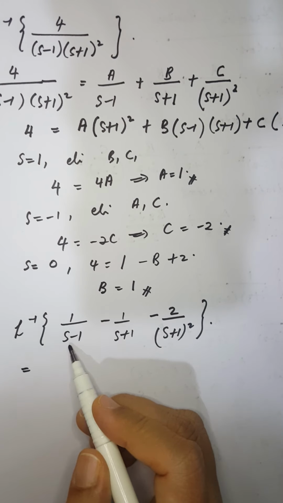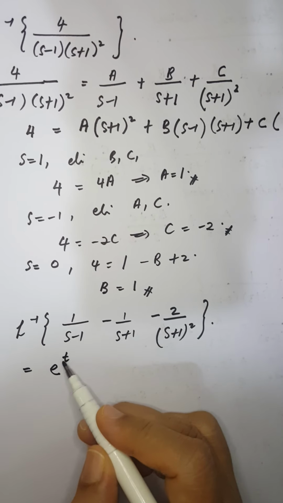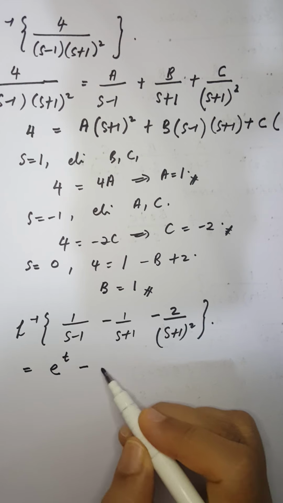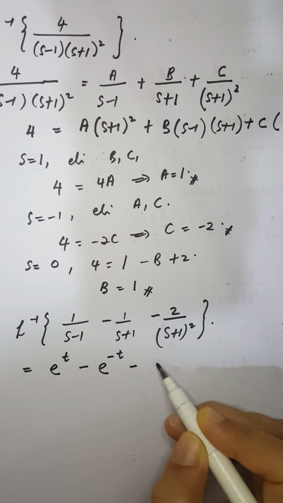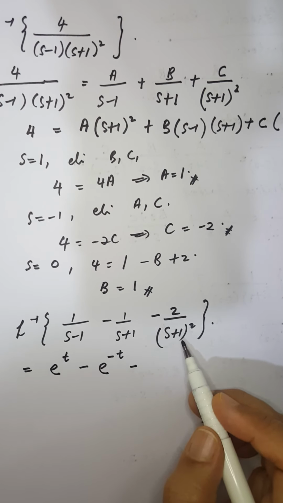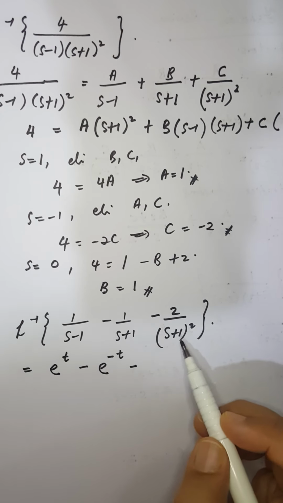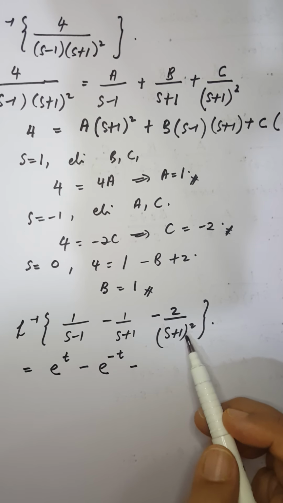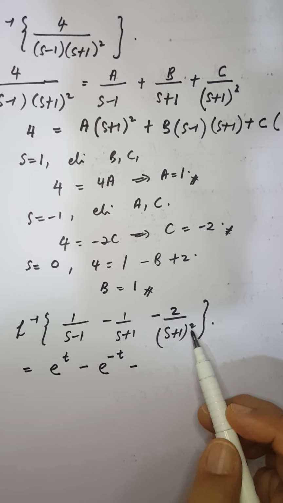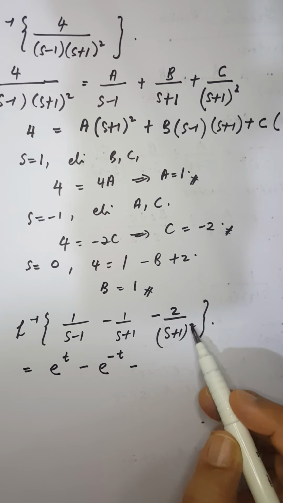So now for the first function, A is 1, so e to the t. The second, minus a is negative 1 over here, so e to the negative t, this is shifting. This is not straightforward.